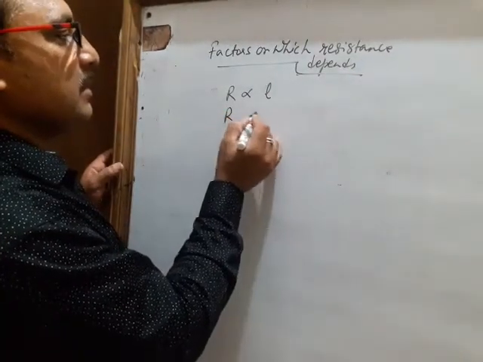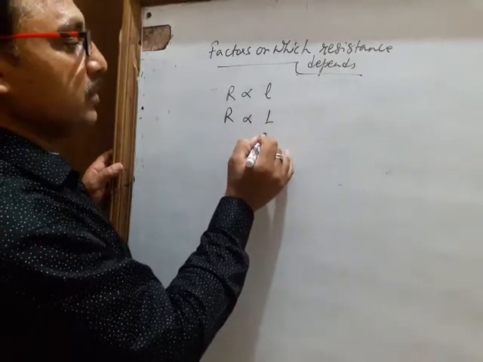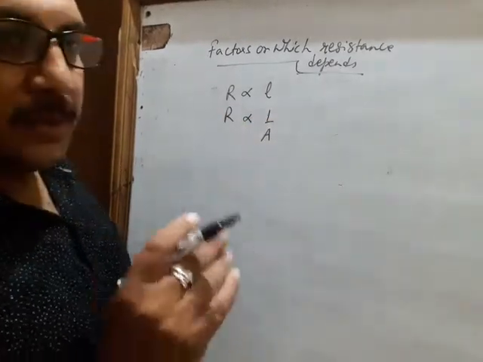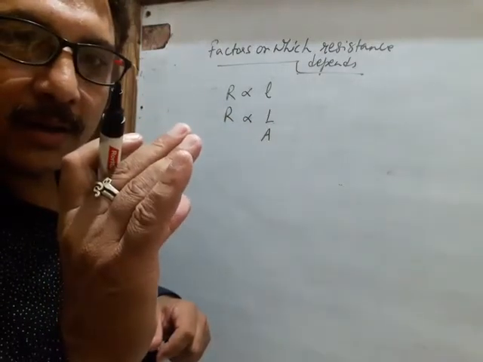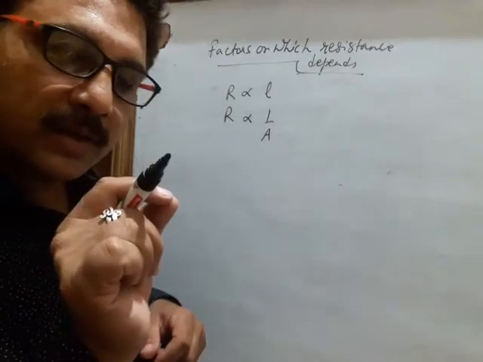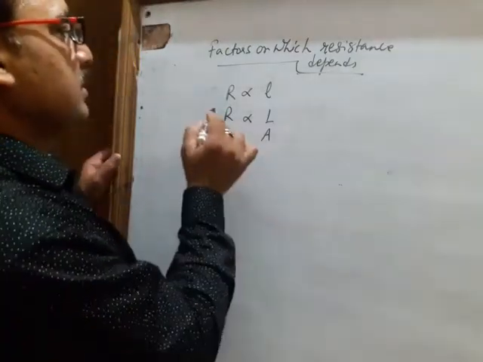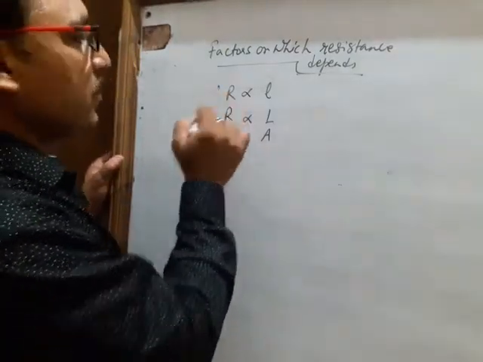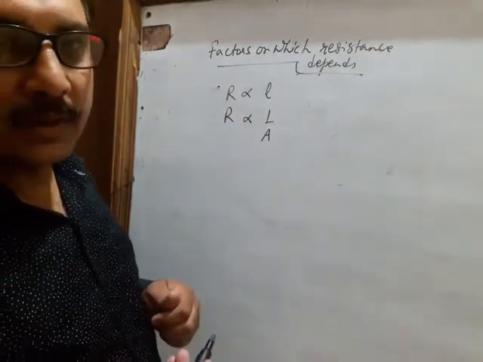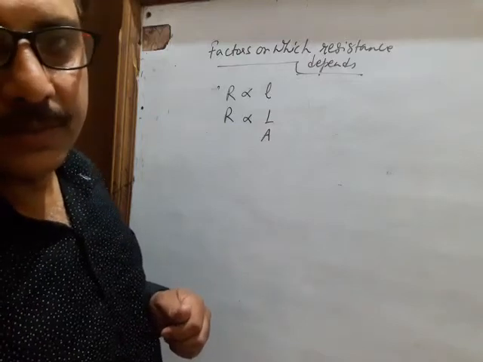Resistance is inversely proportional to area of cross section, meaning the thicker the wire, the less the resistance. If the wire is thinner, the resistance is more. Then apart from these two factors, next is the nature of the material of the conductor, and then temperature.